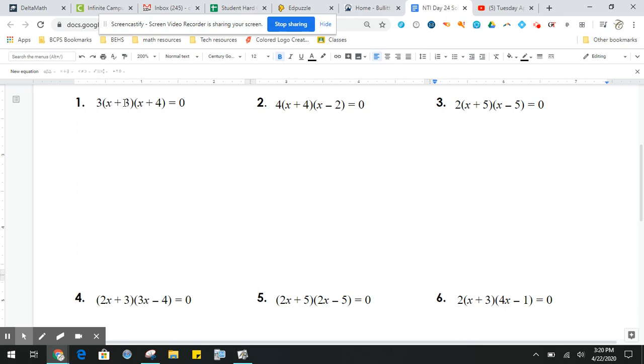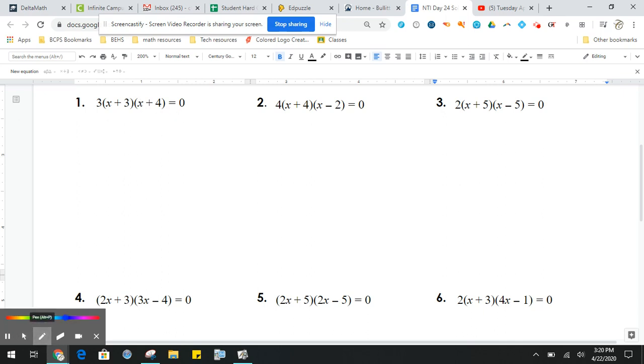But if x plus 3 was replaced with 0, 3 times 0 times x plus 4, anything times 0 would be 0. Or if x plus 4 got replaced with 0, 3 times x plus 3 times 0 would be 0. Which means in order to get this answer of 0 to solve this problem, one of these things in the parentheses has to be 0.